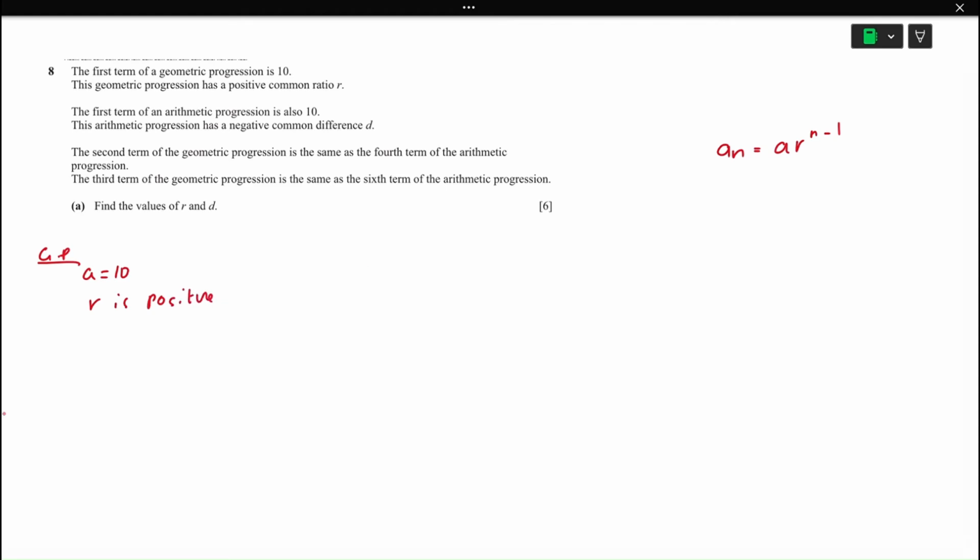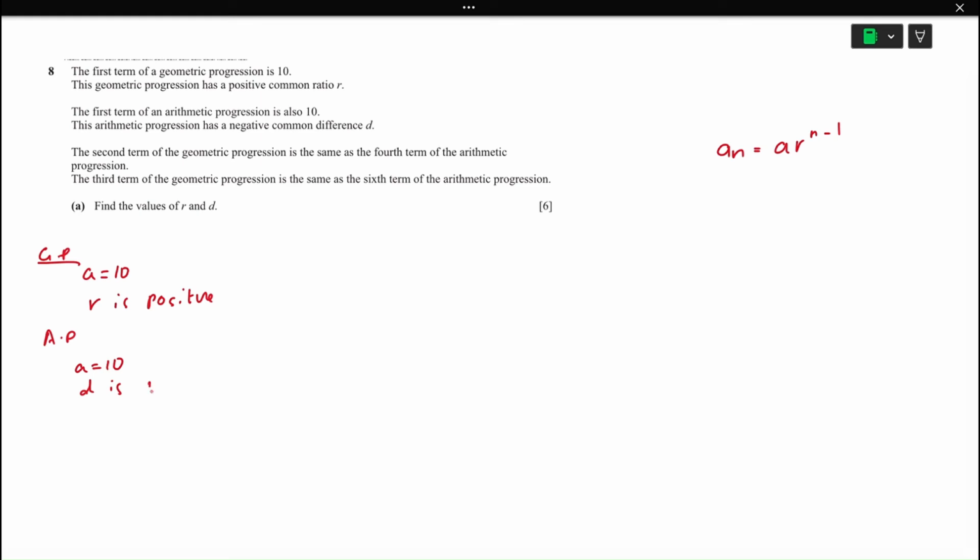Okay, next one, the first term of the arithmetic progression is 10, and there is another AP given now. Here the first term, a, is also 10, and here D is given as negative, so a negative difference.